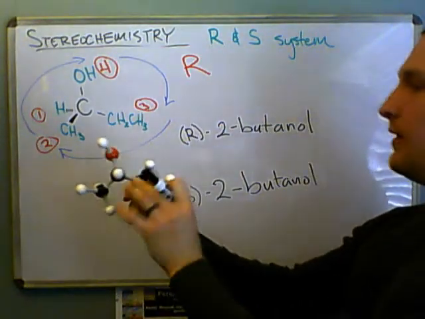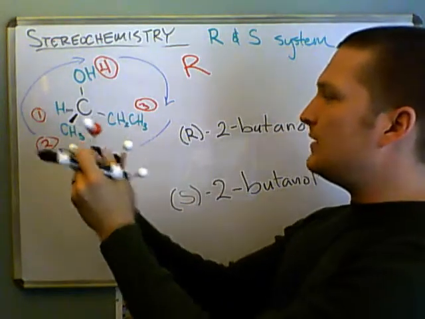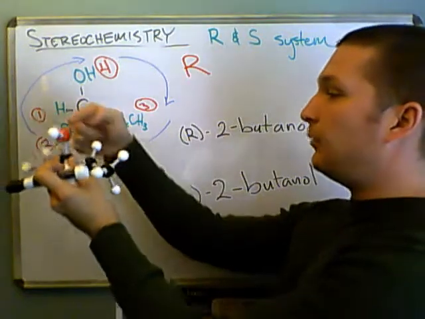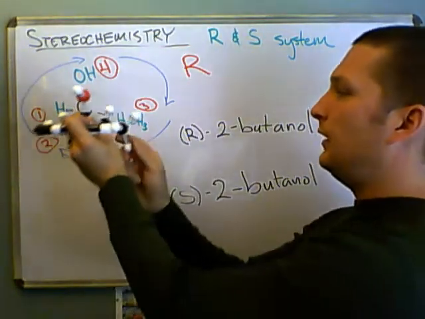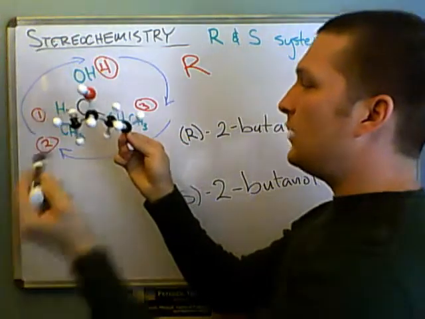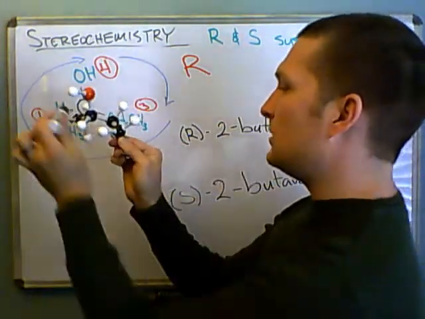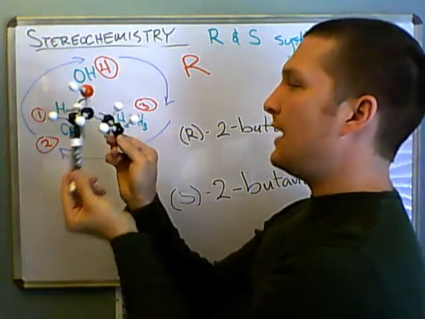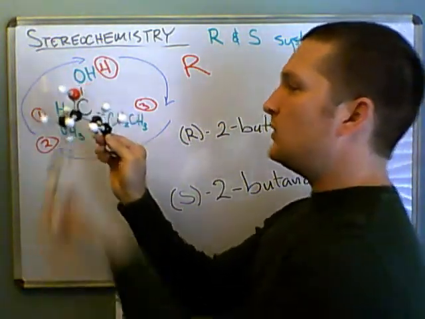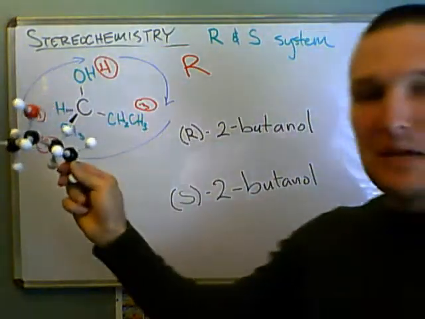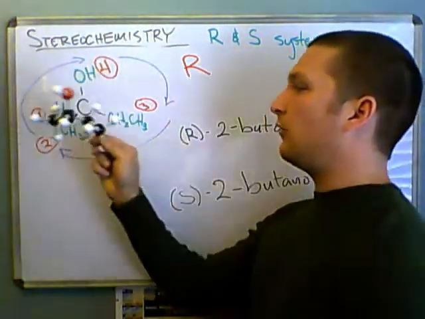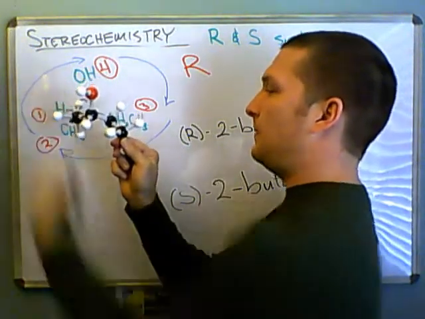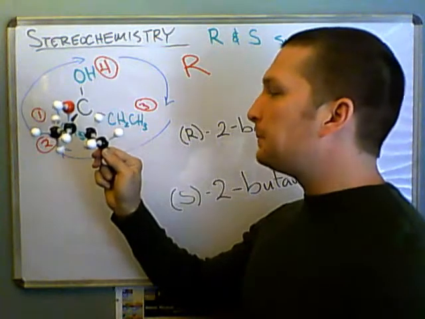And let me show you what I mean by that. So if we line the ethyl group up with the hydroxyl group here, then pointing into the page, we have our methyl group, and pointing out of the page, we have our hydrogen, which is a mirror reflection of what we have going on right here, where the hydrogen is pointing in and the methyl is pointing out.